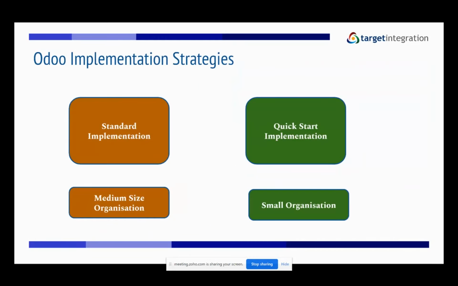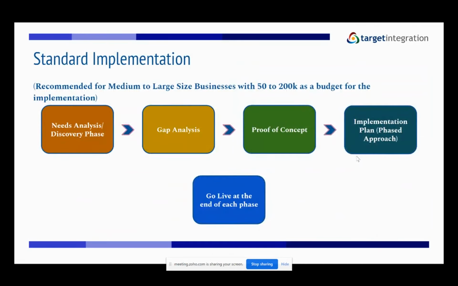Some of the implementation strategies we follow depend on whether it's a small organization with around 10 to 15 users, or a medium organization of around 100 to 200 users. The standard implementation is recommended for medium and large size businesses. In this, we usually go with a need analysis, or you can call it a discovery phase.